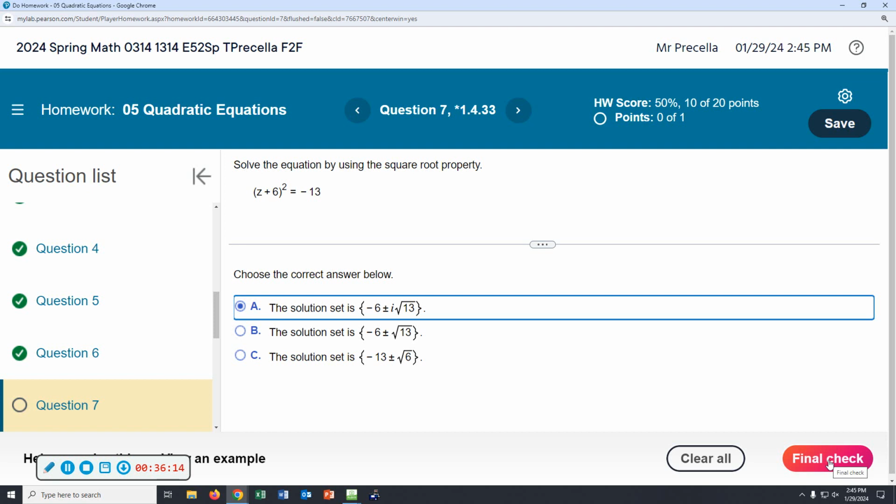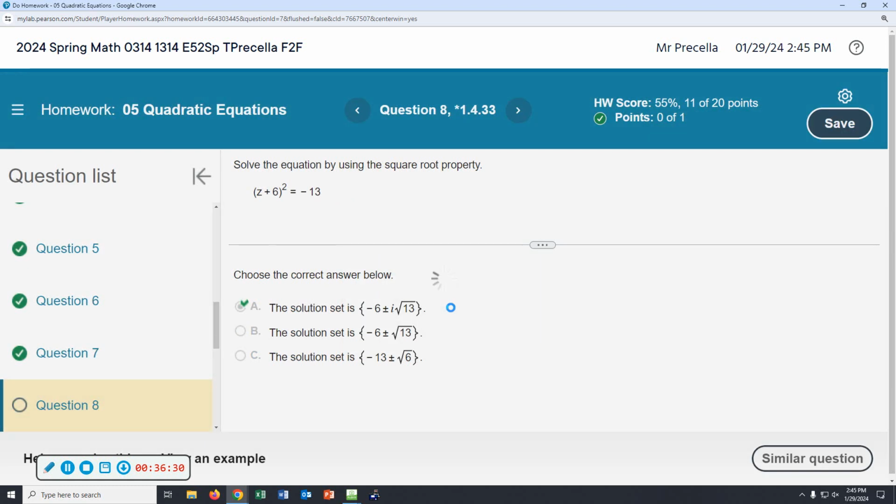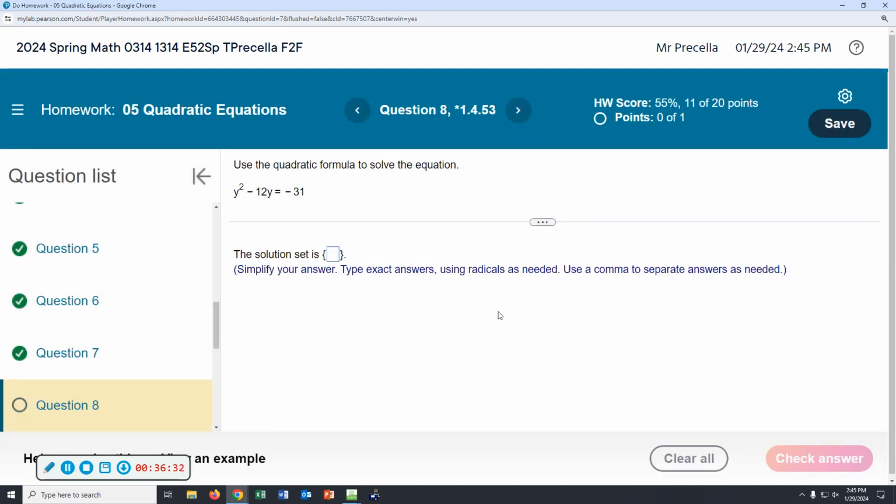You don't get 2 guesses. You get 1 guess. And if it had been wrong, then it'd give you the similar question option, and you do that one. Okay? Any questions there? That's called the square root method.